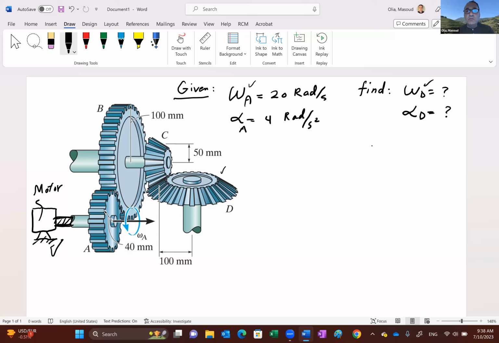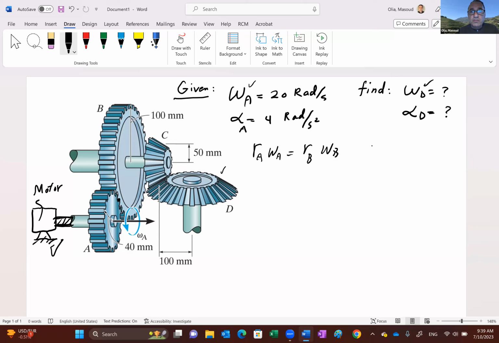And I have other videos. If you look under the playlist of dynamics, you'll find a bunch of videos on gears and belts, which is basically the same thing. So you know the relation, for example, look at gear A and gear B. By matching the velocity right at the contact point, and velocity being r omega, you could say RA omega A is equal to RB omega B. And that's where the gear ratio equation comes from.